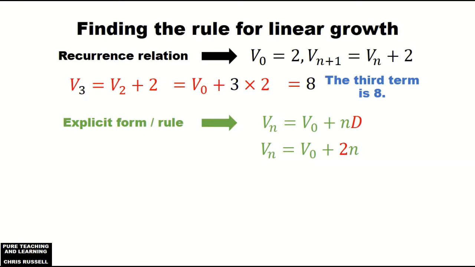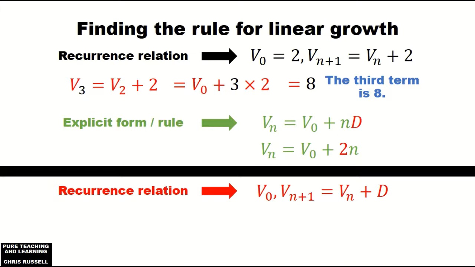Therefore, in this case, our recurrence relation was V0 equals 2, so our initial value was 2, then Vn+1 equals Vn add 2. In the explicit form, that is Vn, what that term value is, equals V0, the initial value, add 2 multiplied by n, n being the number in the sequence.